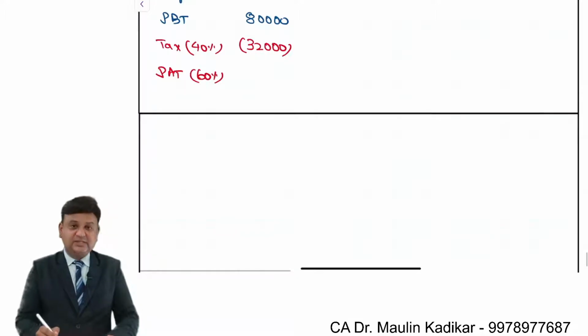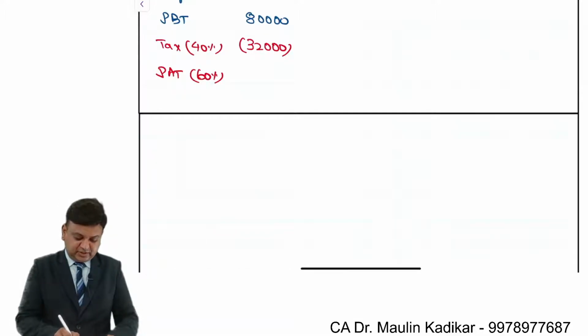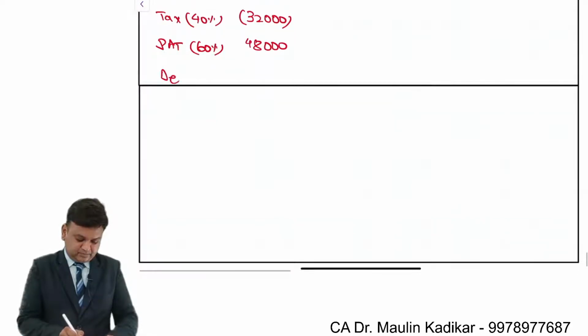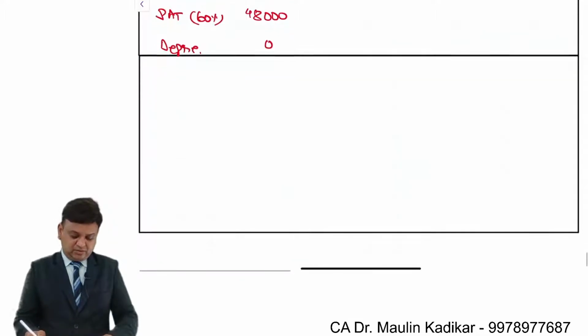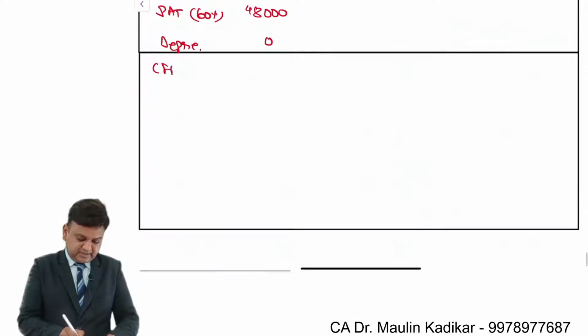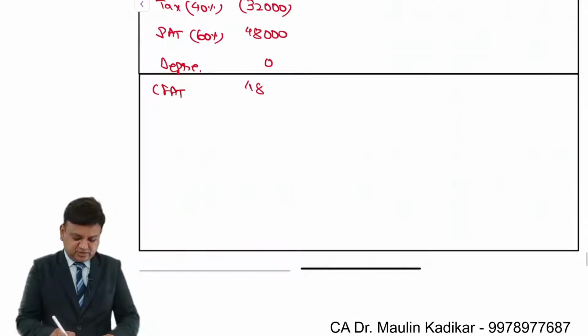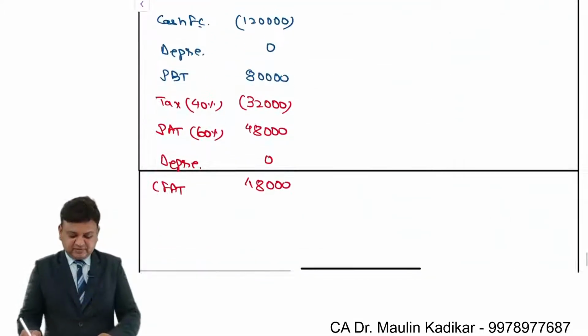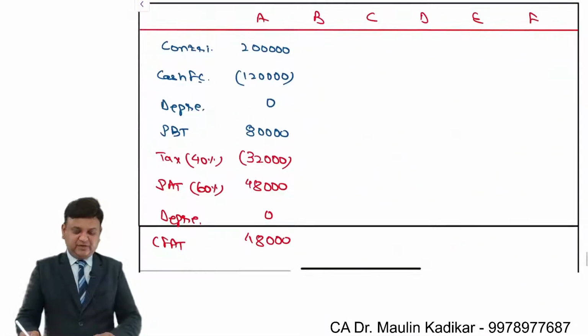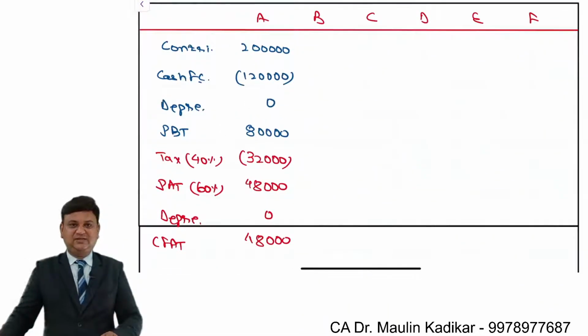Profit after taxes is 60%, that is 48,000. Depreciation is 0, that is the add back of the non-cash item, and CFAT is 48,000. This is the way we can make the calculation of the CFAT. Please write the answer.